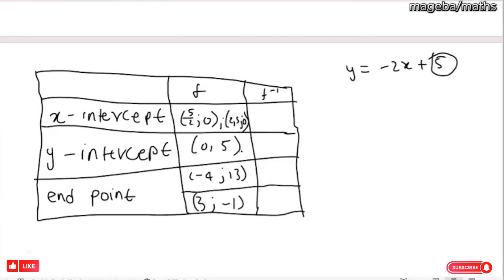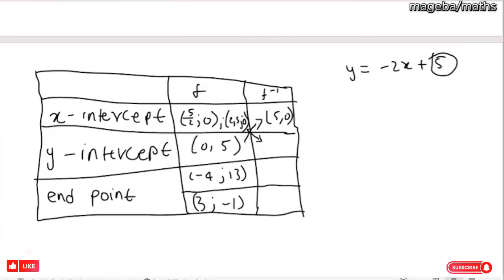Now remember, the inverse is an interchange of x and y. So finding the x-intercept of the inverse, it's going to be the y-intercept of the original, and then the y-intercept of the inverse is going to be the x-intercept of the original function. So this is going to be (5, 0).